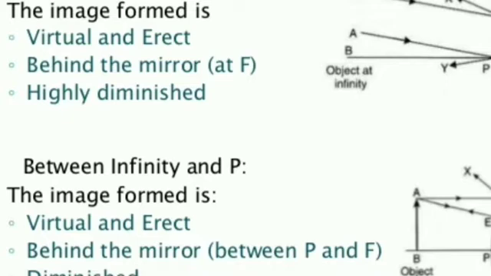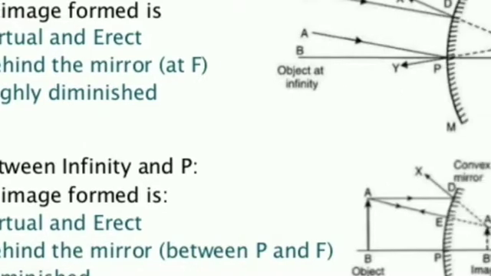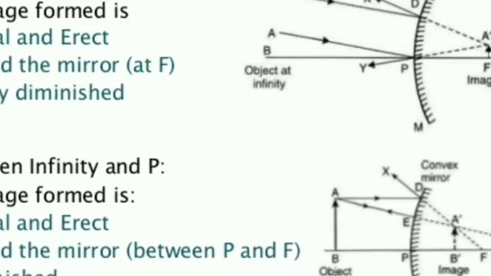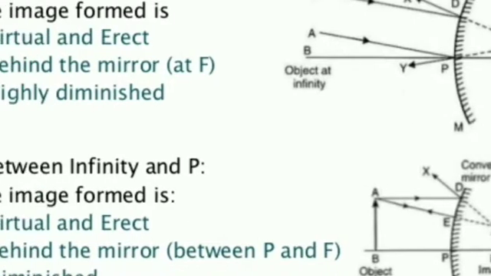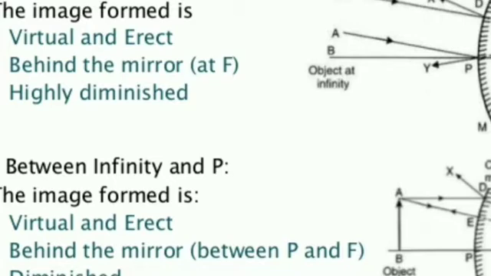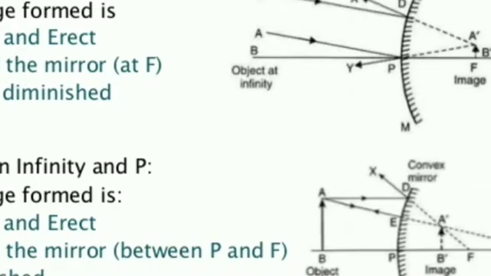Then second case, when we keep the object between infinity and P, the image formed is virtual and erect, behind the mirror, between P and F. What is P? P is the pole and F is the focus. But it is now diminished. In the earlier case we had highly diminished, now we have diminished.